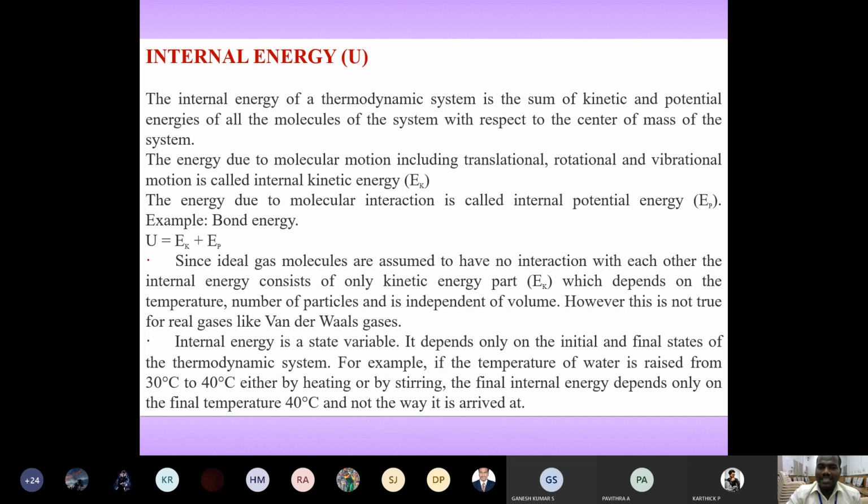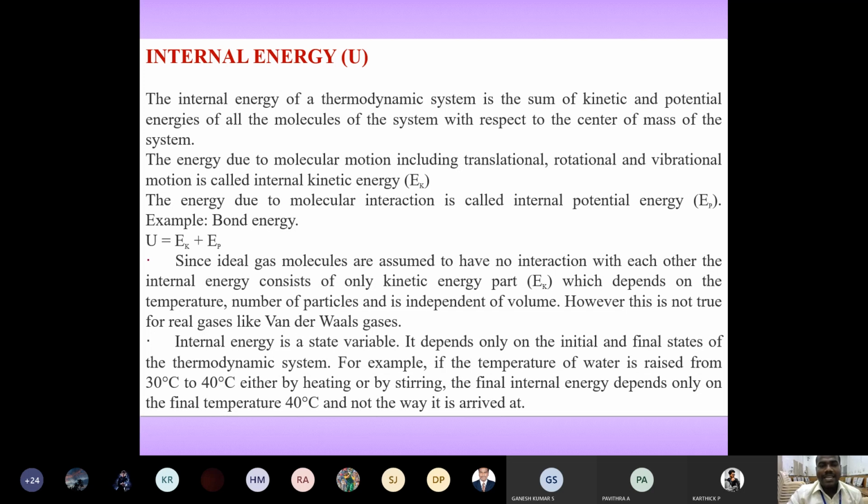So both together will give you the internal energy. Say internal energy U is equal to EK, that is kinetic energy, plus EP, potential energy. K in the sense kinetic, P in the sense potential, E in the sense energy or internal energy, right? So U is called an internal energy, right?